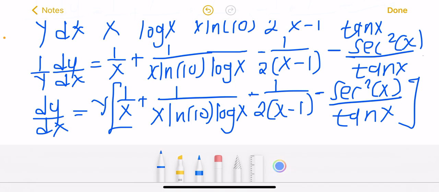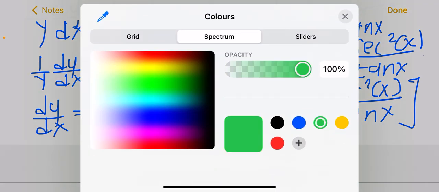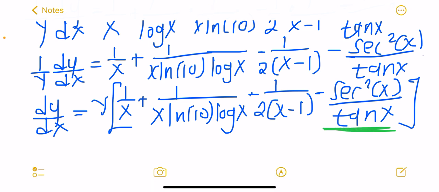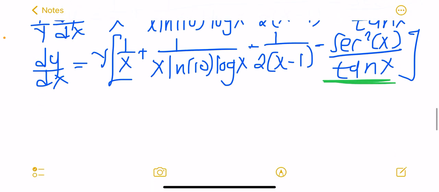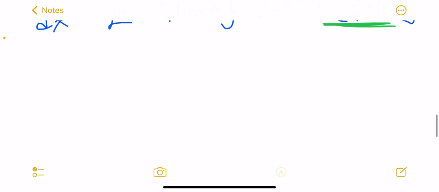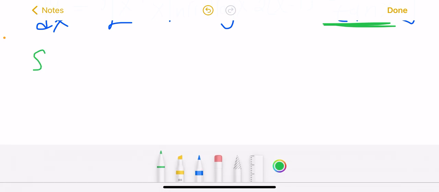Okay, but then you can also simplify further, where we have secant squared x over tan x. So we can simplify that one further. So let's see, how can we simplify secant squared x over tan x?